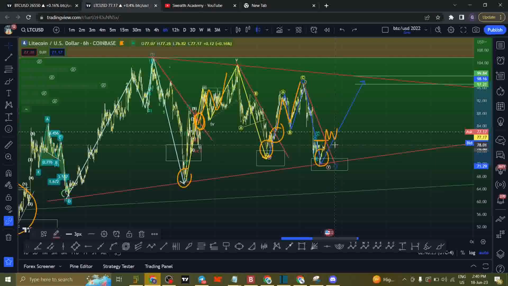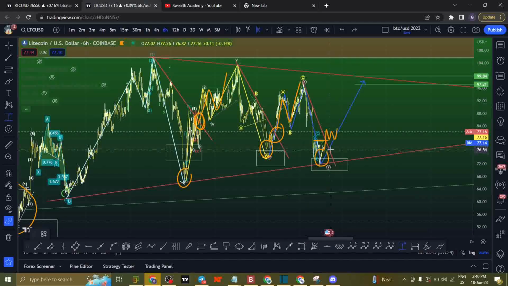Again, once we get this break above, we have all three strategies indicating further upside. Therefore, you can go ahead and hop onto the market with a low risk, high reward trade setup. So let's go ahead and find our potential profit return. So give or take, you're looking at approximately 30% return.